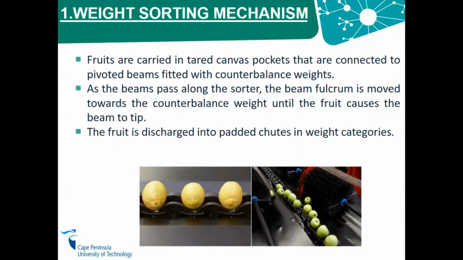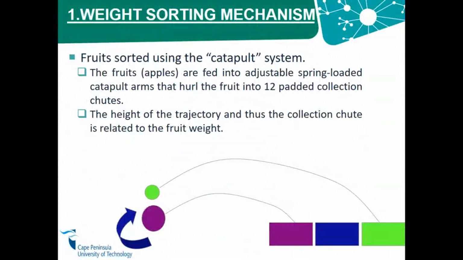The second mechanism that we can see is what they call the catapult system, whereby the fruits are fed into adjustable spring-loaded catapult arms that hold the fruits into 12 paddled collection chutes. Here the principle is that this uses a height trajectory, and the collection chute is released according to the fruit weight.